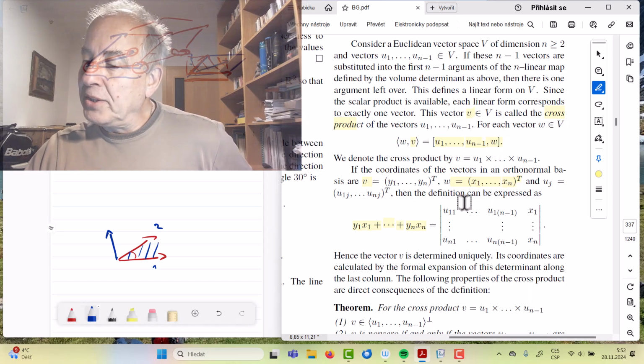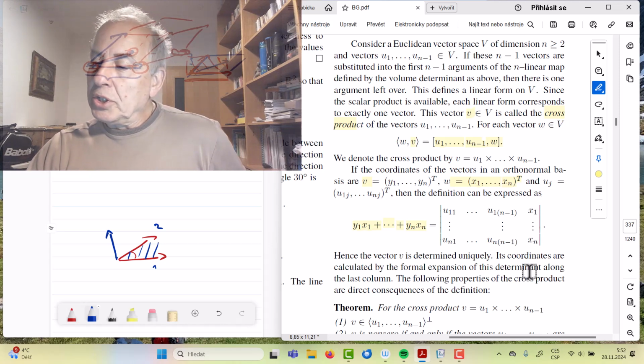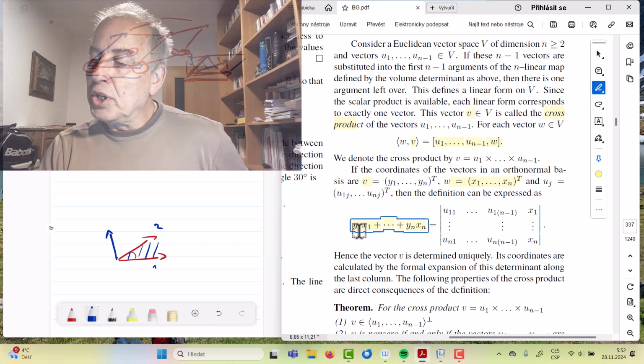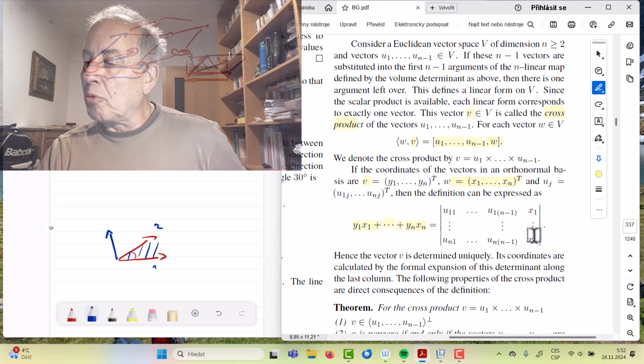And if we expand this determinant with respect to the last column, we get exactly the individual components y1 through yn as the things appearing in the formal polynomial expression in x's.